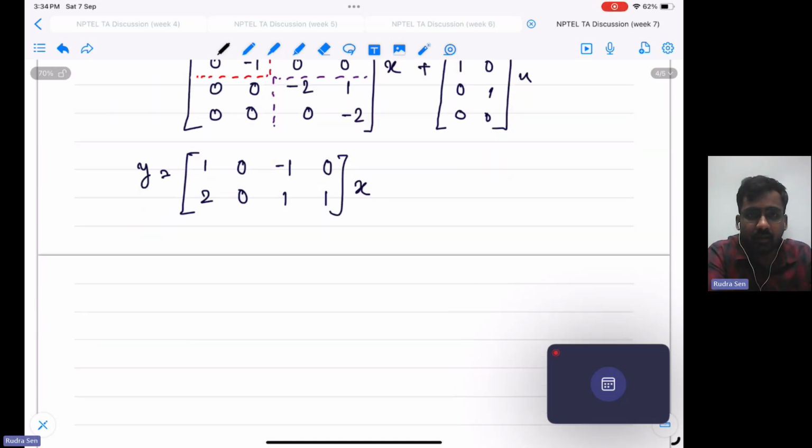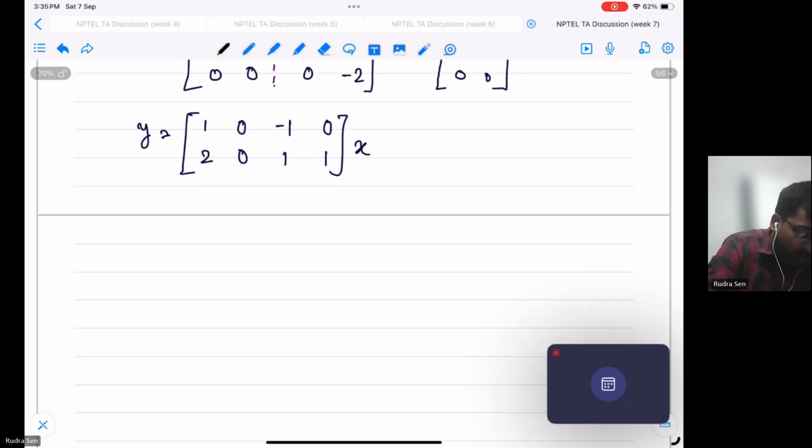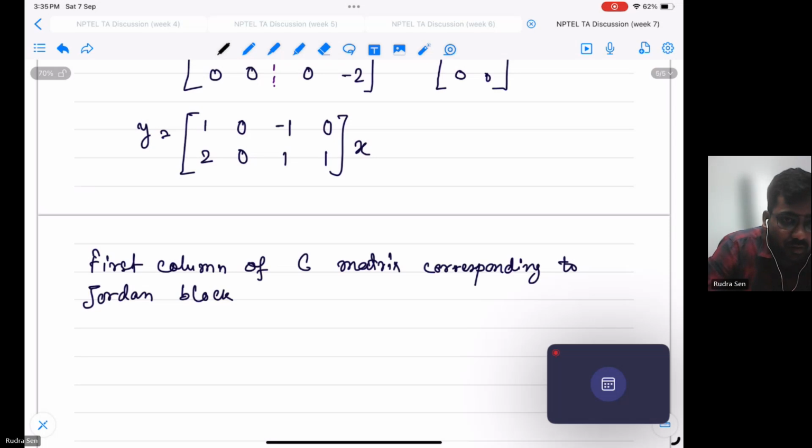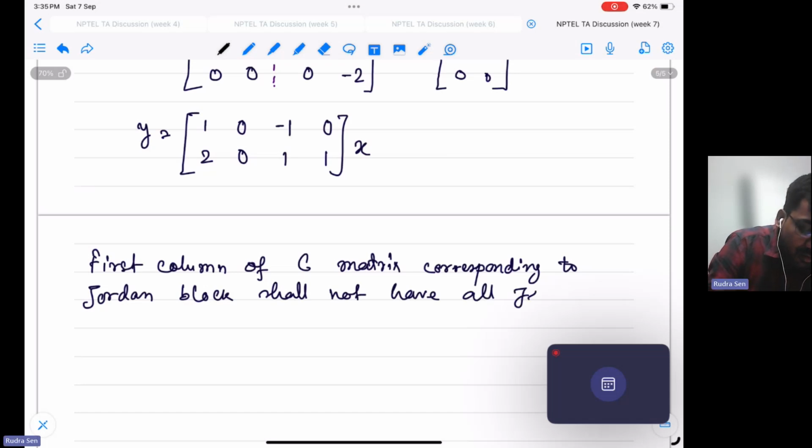So what you can say? You can say that the first column of the C matrix corresponding to a Jordan block shall not have all zero elements.